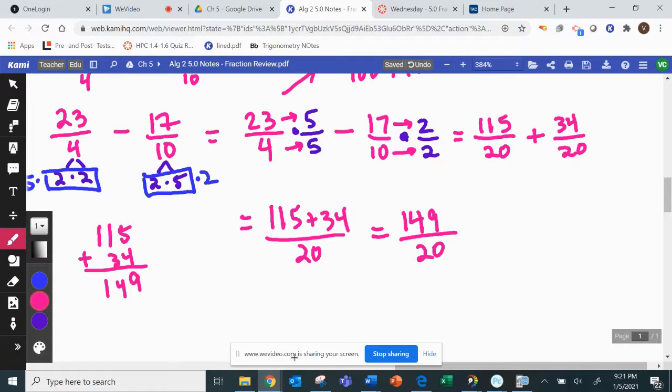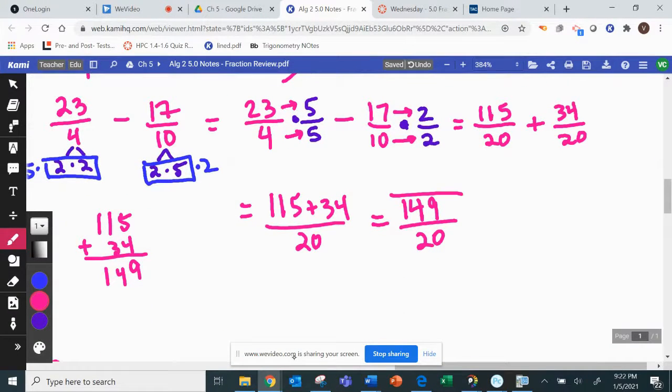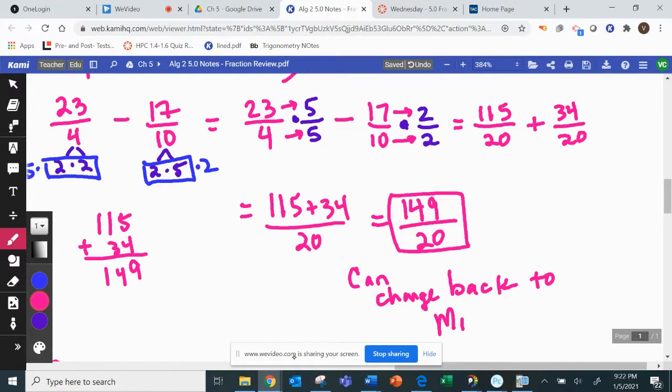And then as for reducing, this one does not reduce. So I'm just going to leave it like this. You can change it back into mixed number form.